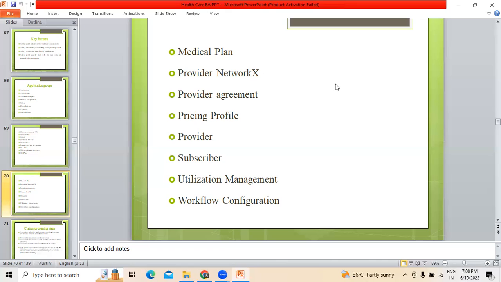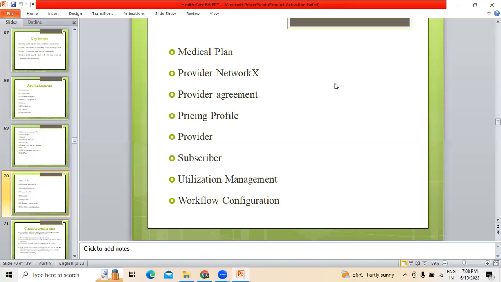Next, details about the provider and subscriber, followed by utilization management, so how we are utilizing this, and workflow configurations, because this is where the admin people will focus more, as workflow is so important, especially in the field of healthcare. How you are creating workflows, all that stuff. Of course, being a business analyst, we'll be focusing on workflows also.